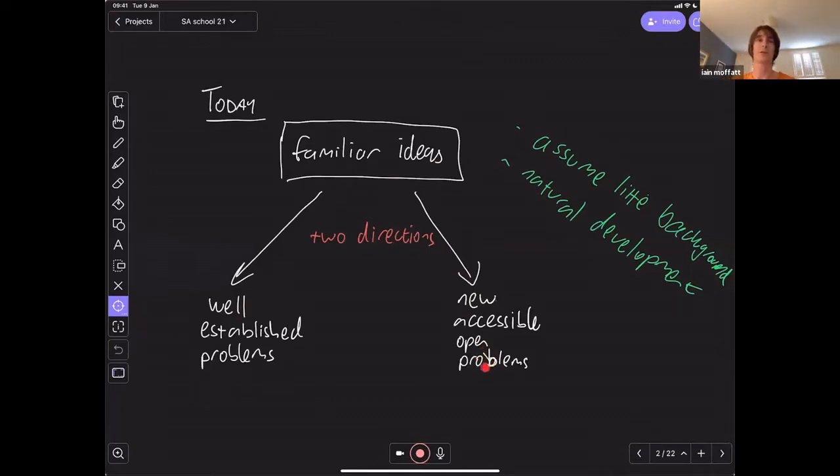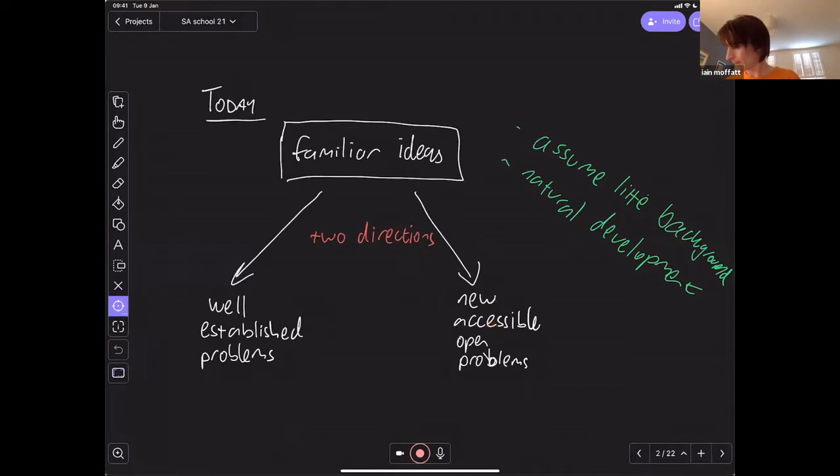Not necessarily just because it's an easier area, but because there's been less development, it's a younger area. And by the end of this talk, I hope to have explained enough so you can pose and prove your own original research work.